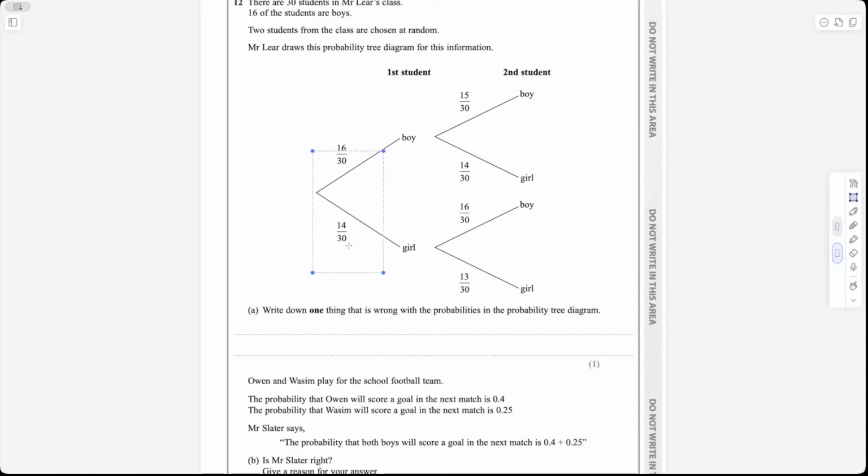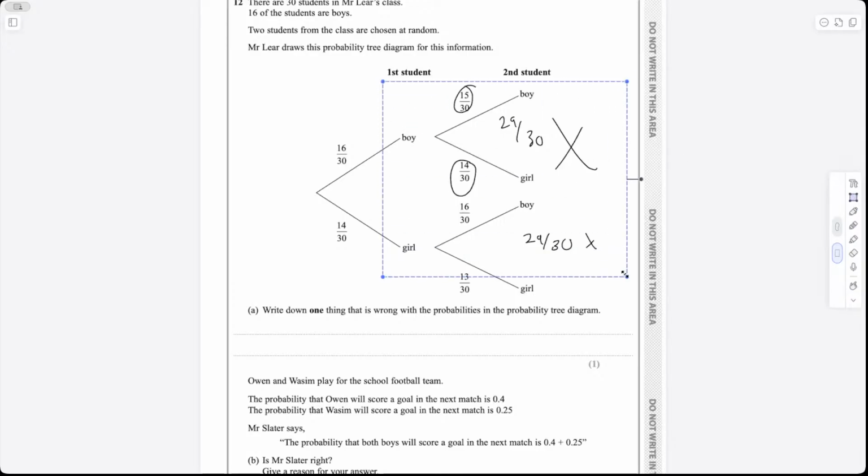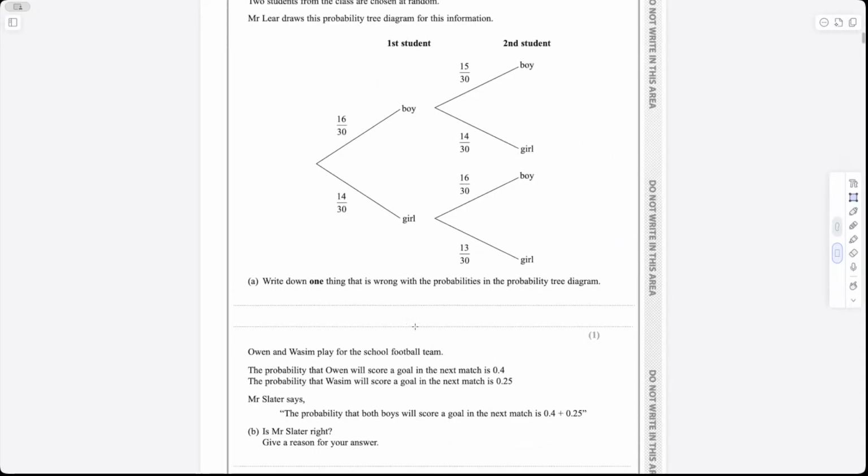So this adds up to 1, meaning they form a fraction, 30 over 30, which is equal to 1. However, this forms 29 over 30, and so does this. So this is not a fraction that adds up to 1. So there's an error somewhere. That's what they're asking you for. What's the error? You can now state it. Congratulations. Next.